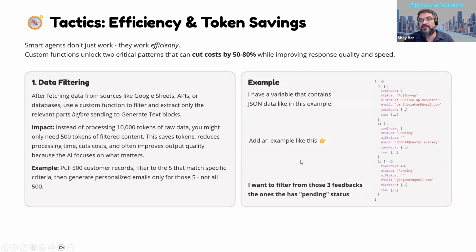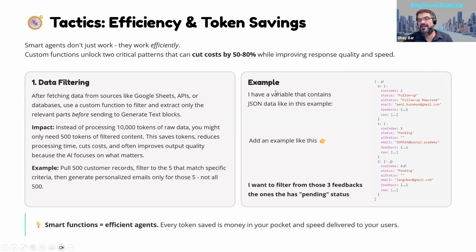Now, MindStudio gave us an option to create the custom function using a prompt. So you don't have to be a coder, and I'll demonstrate this one. It's the 80-20% rule. 80% of the time it will work, 20% it won't. Don't worry. You just need to iterate again until you get it right, okay?